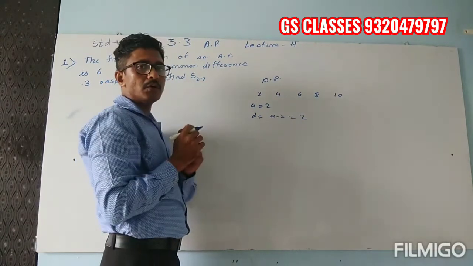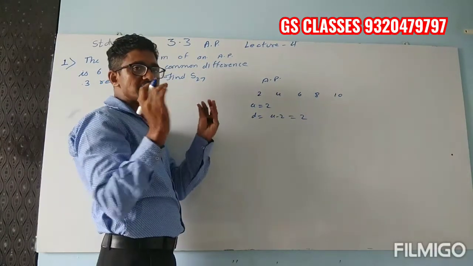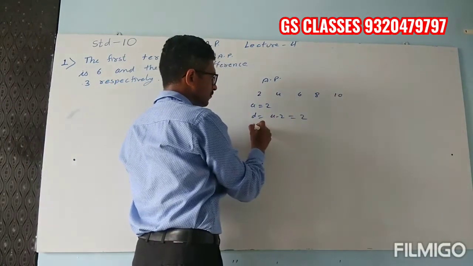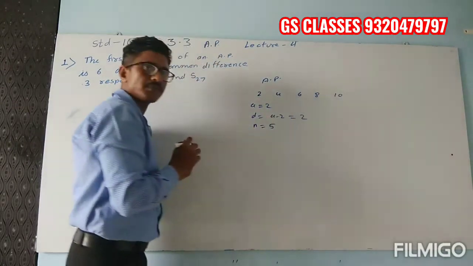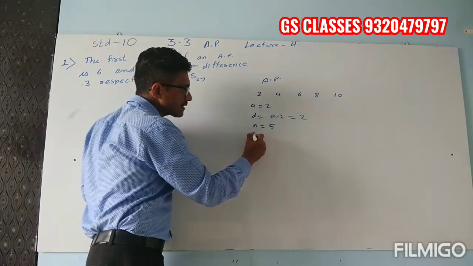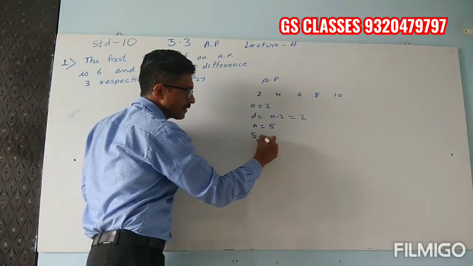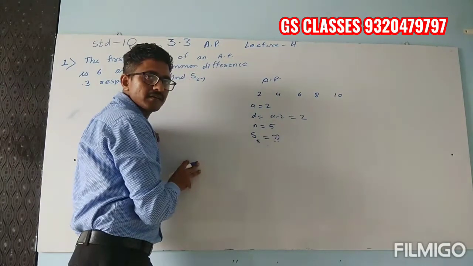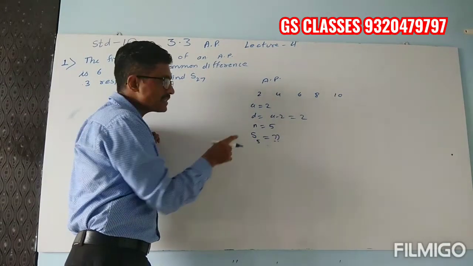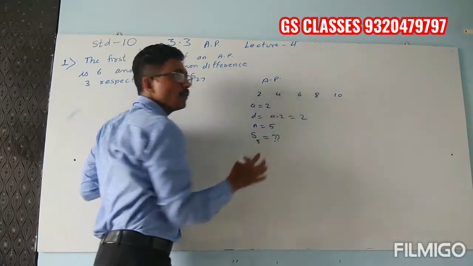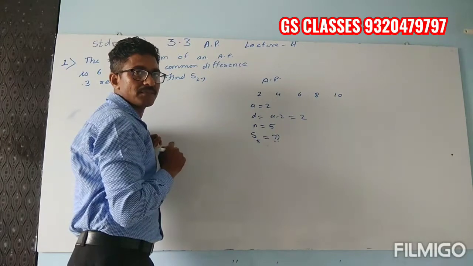They are asking you to sum 1, 2, 3, 4, 5 terms. For example, it means they are asking you S20, S5. S means summation. If you add all these, what will be your answer?